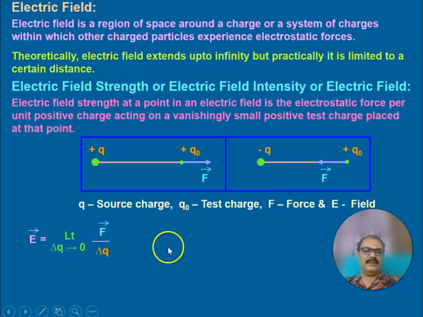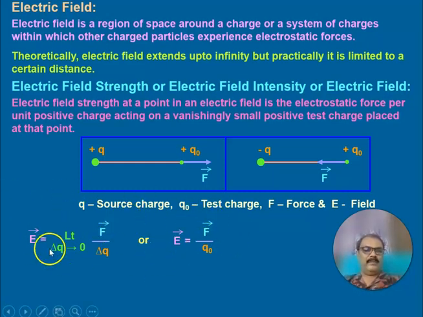Coming to this, Q is the source charge, Q0 is the test charge, F is the force, and E is the electric field. In mathematics you have seen that lim means limit. The limit you consider here in the experiment is that the test charge should be very, very small, tending to 0: E = lim F/ΔQ, or generally we can write E = F/Q0.